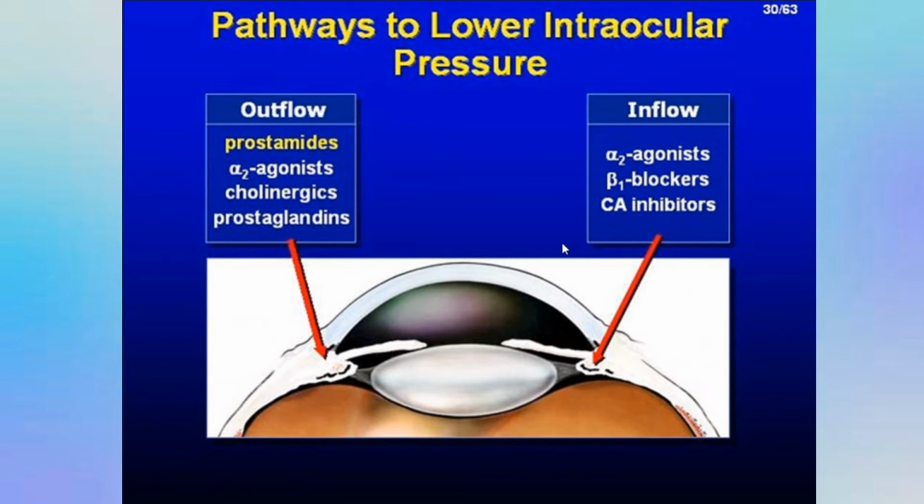Some of these medicines increase outflow, and some of these medicines decrease the production of aqueous humor. So usually analogs of prostaglandins increase the outflow, but beta blockers decrease the production of aqueous fluid.